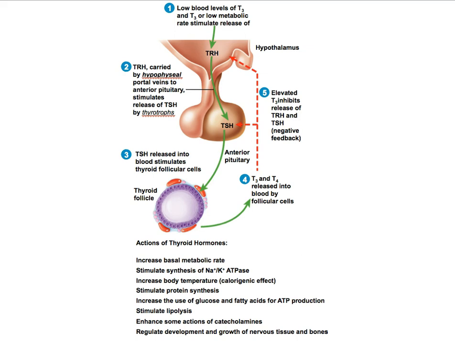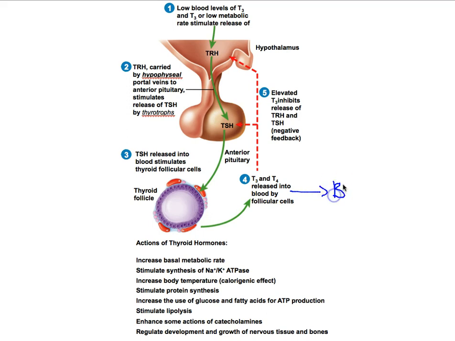What I need to remind you is that T3 and T4 are actually water insoluble, which means that as T3 and T4 are being made here, we need to have a binding protein.